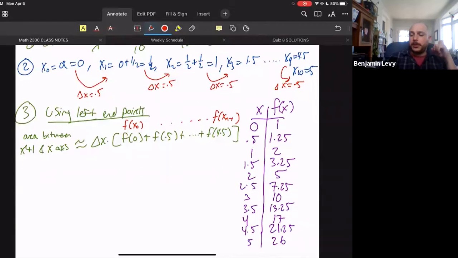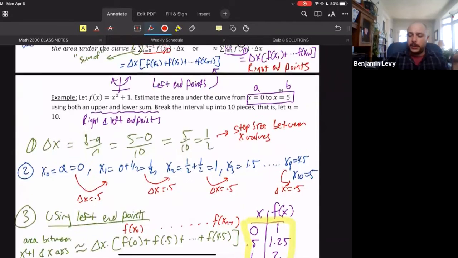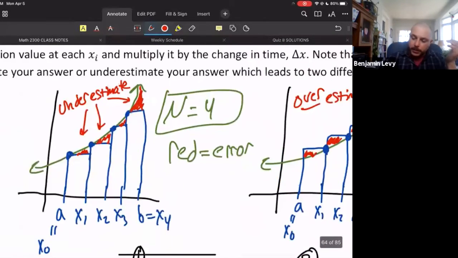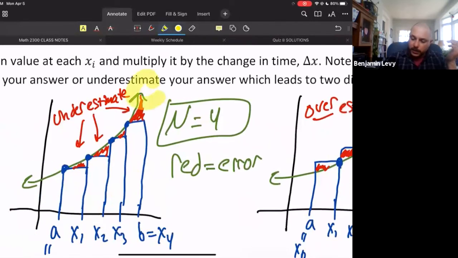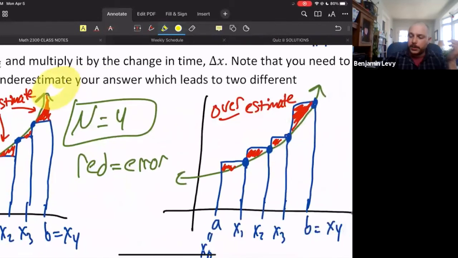If we're thinking about the chart that we just drew, we're doing the ones I'm highlighting. We're not including the last one. We're going from the first one to the n-1, so 0 to 4.5. We're leaving out the last one. Again, look at the picture: you don't end up using this last function value on this one. You only end up using it over here.